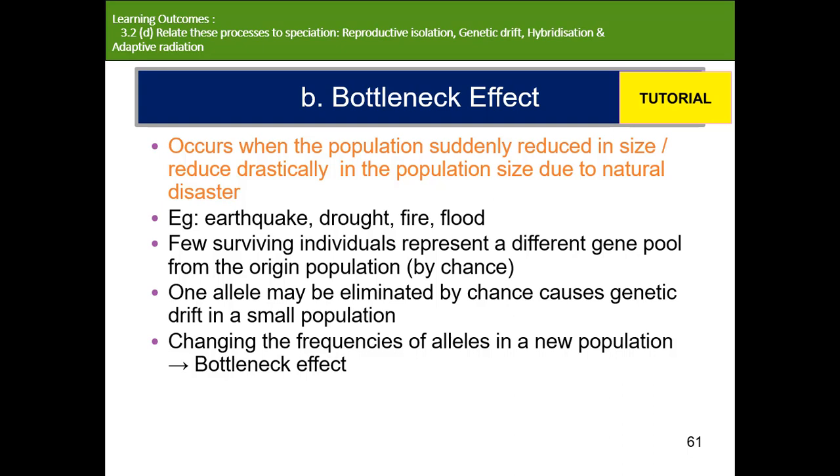The second one is the bottleneck effect. It occurs when the population suddenly reduces drastically in size due to a natural disaster. Example, earthquake, drought, fire, or flood. So a change in the frequencies of alleles in a new population we call the bottleneck effect.